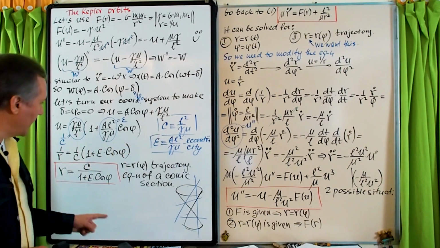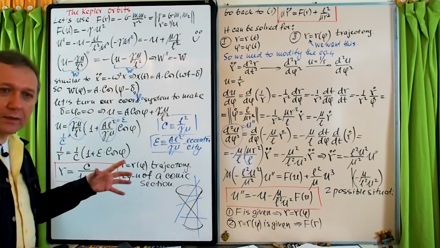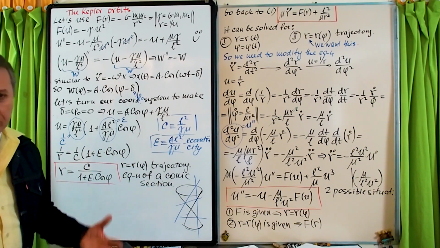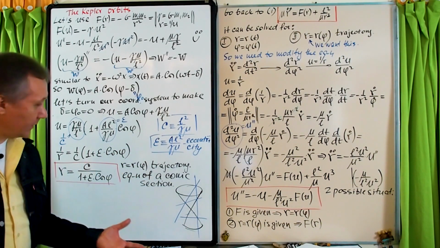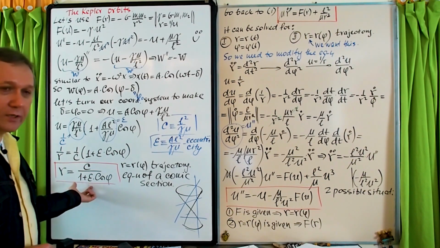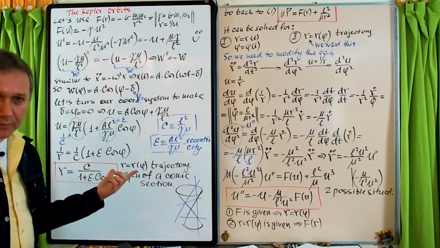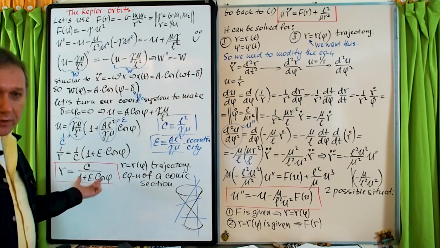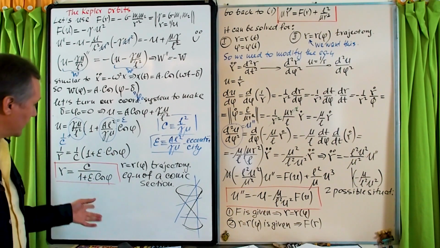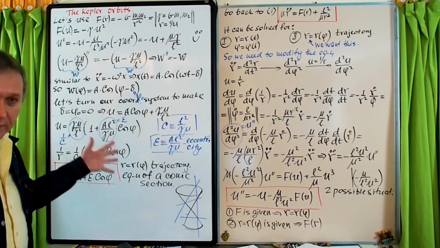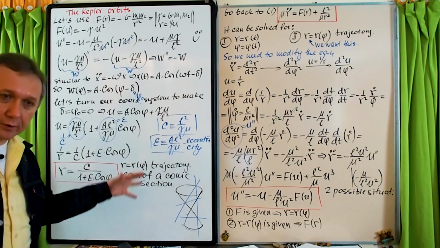If it's less than 1 but larger than 0, you get ellipses. If epsilon equals 1, you get a parabola, and if epsilon is larger than 1, a hyperbola. So let's start with bounded orbits, where epsilon is between 0 and 1, 0 included.